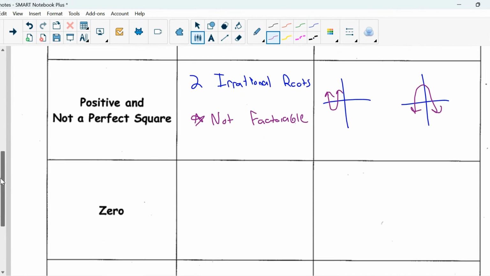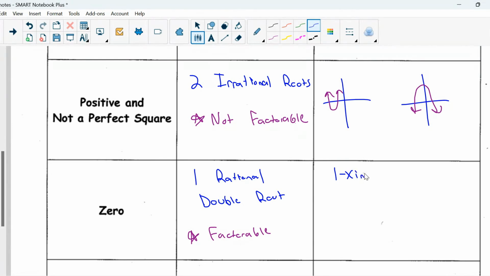Okay, the next situation is if your discriminant equals 0, then that means that you're going to have one rational double root. Okay, ultimately, this means that your quadratic is factorable. But what that looks like is that you would have one x-intercept at the vertex.